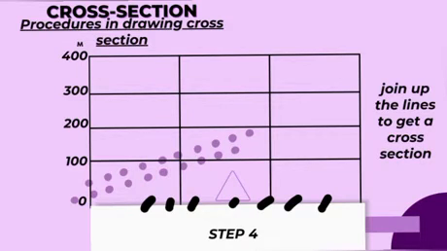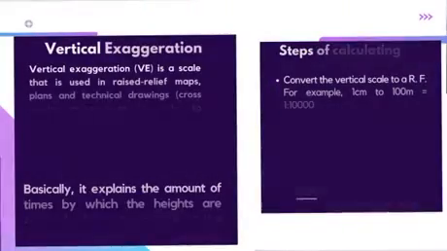You transfer the indications to the vertical scale in order to join the lines of the cross section to give us a landform represented using contour lines. Most of the time it is shaded to get a clearer view.